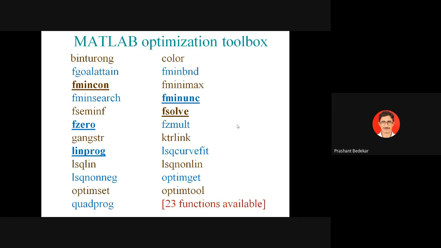What are the limitations of the tool and how to overcome those limitations? That should be known. So keep in mind that any MATLAB function which is used to solve an optimization problem considers by default that the function is to be minimized.